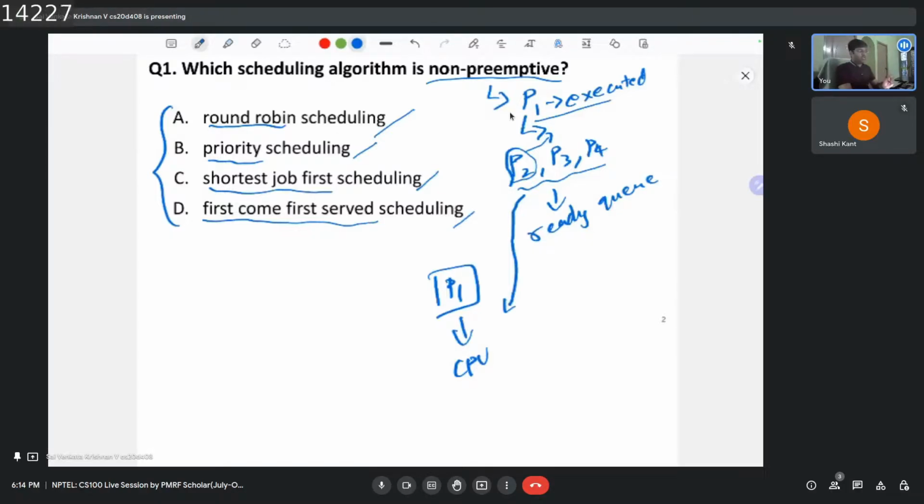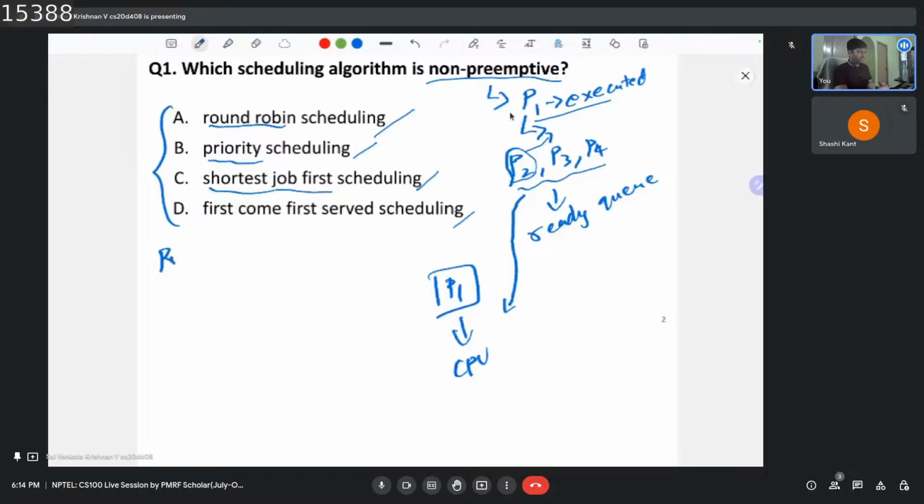Right. So let's go through the options one by one, and strike out which ones are preemptive, and classify which ones are non-preemptive. Okay. So the main concept of round robin is to have a time quantum.